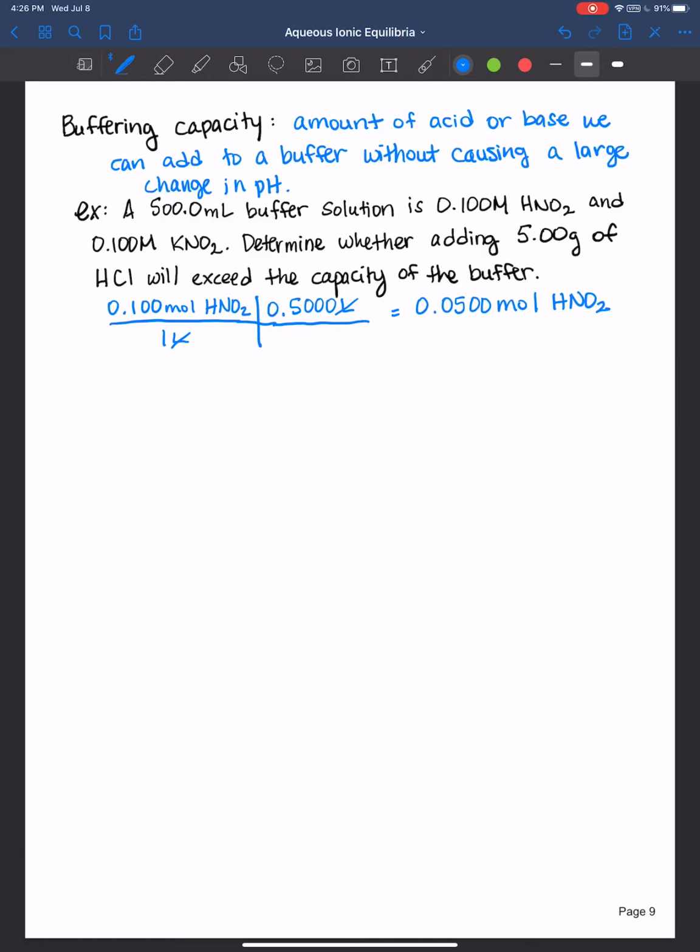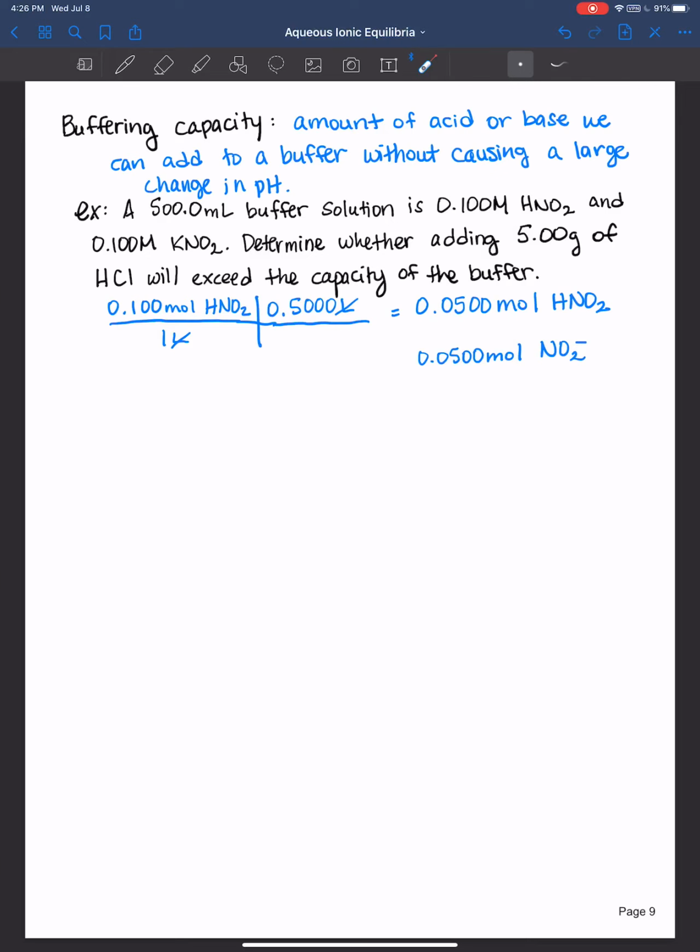So we have 0.0500 moles of the nitrous acid. Because we also had 0.1 molar of potassium nitrite, we also have 0.0500 moles of the nitrite. So basically taking that 0.1 molar, moles per liter, multiplying it by 0.5 liters, then you get the moles that you're going to have initially before the addition.